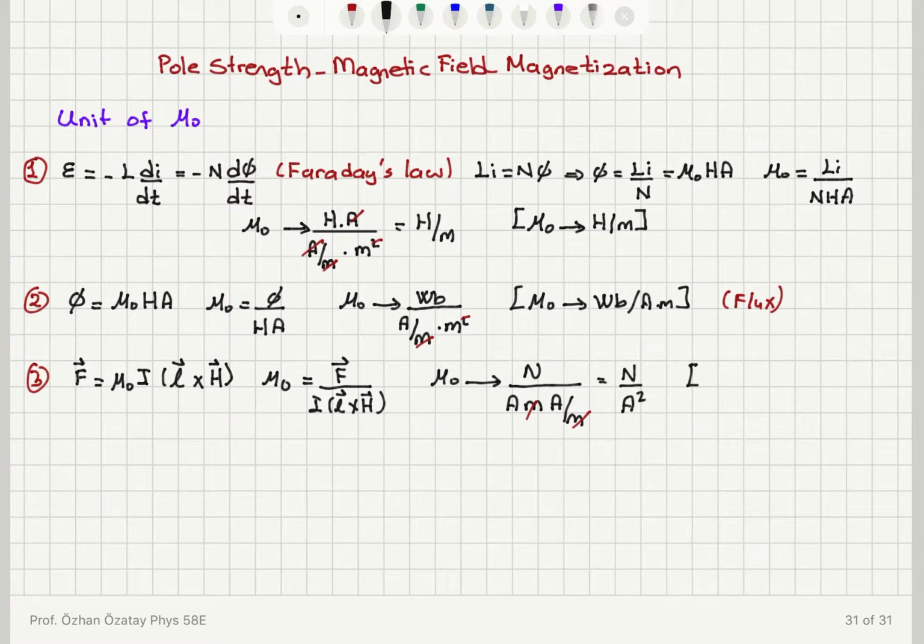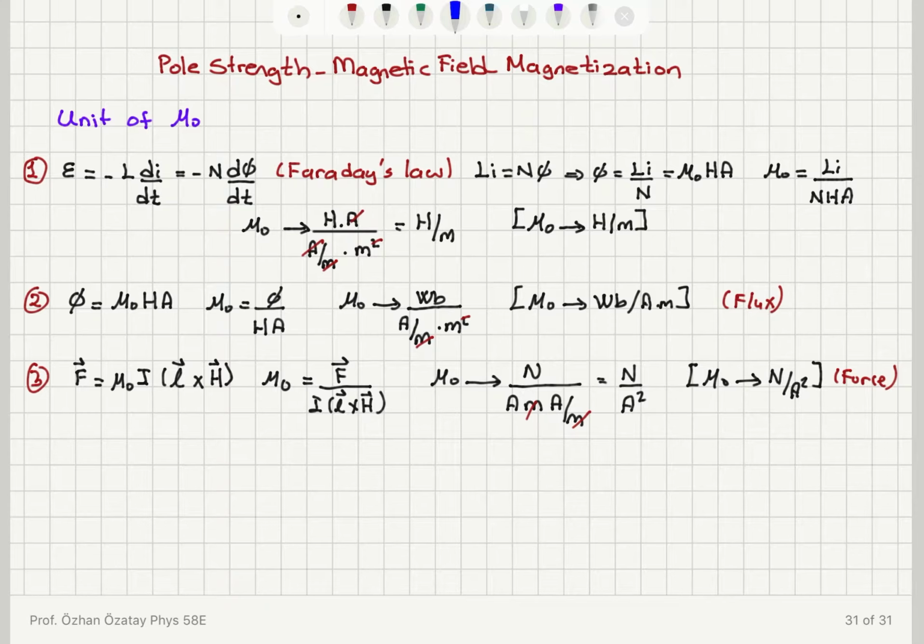So we find that mu0 can be written in units of newtons per ampere square also. That is the force approach. Okay, so finally, let's put a remark here. You can see all of this analysis is in SI.